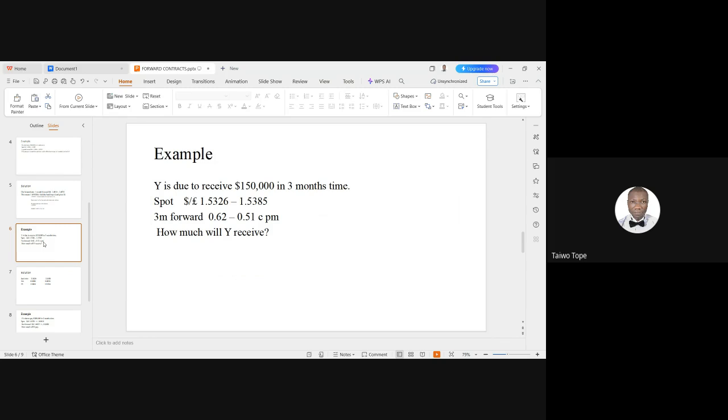So when the bank buys pounds, it will buy at the lower rate of $1.5326. And when the bank is selling pounds, it will sell at what?